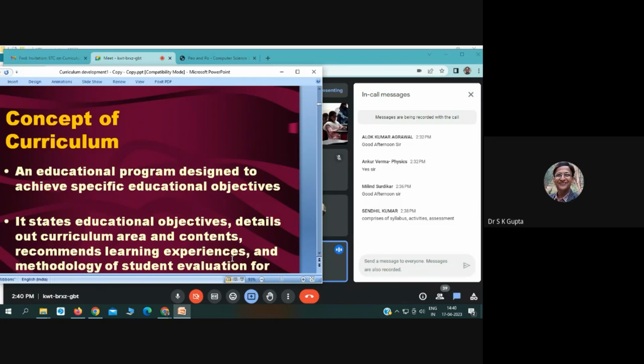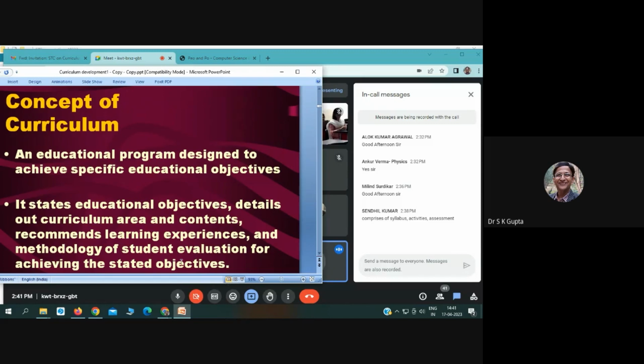So, whatever educational program we have, through that we want to achieve your specified educational objectives. Specified educational objectives means our PEOs, our program outcomes, and our course outcomes. I'm sure that in the first session, Dr. P.S. Grover has covered what is PEOs and what is POs and what is COs. So, it states educational objectives.